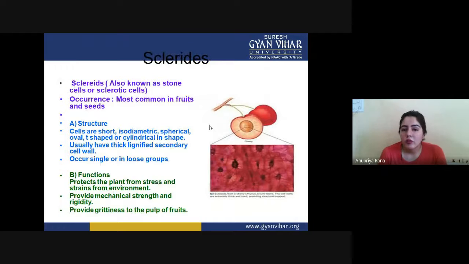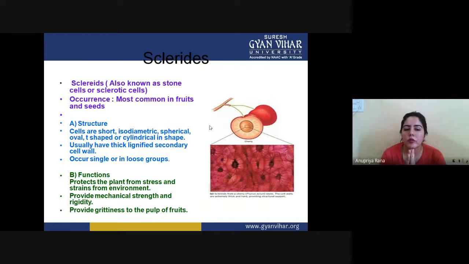Some detailed structure of the sclereids has been given here. They are most common in the fruit and seed, because they are very tough. That's why we call them stone cells. They are very short, isodiametric in shape, spherical, oval, and they also have the same lignification process as happens in the sclerenchyma, and their features and function are very similar.